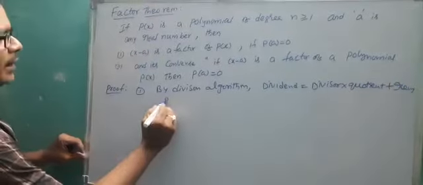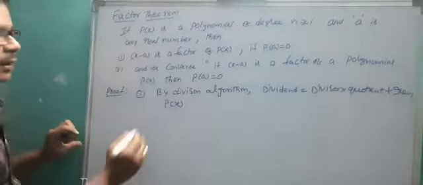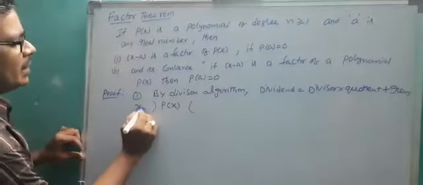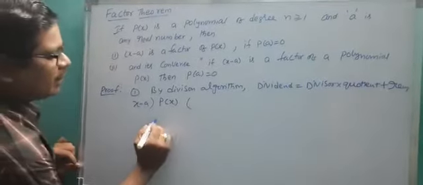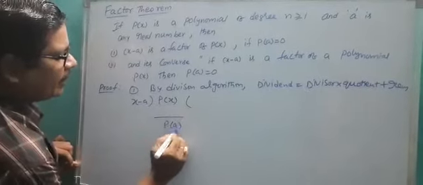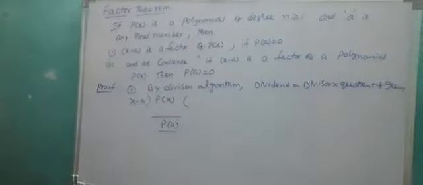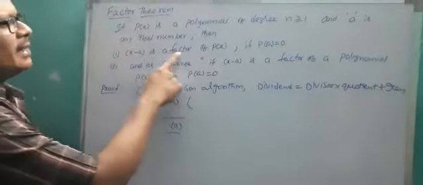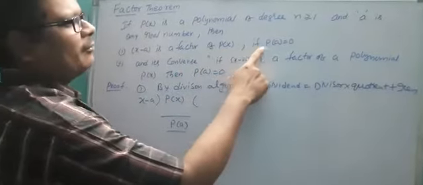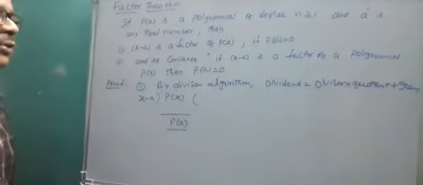So p of x is the polynomial. It is divisible by x minus a. Now the remainder is p of a. What is the first one? So x minus a is a factor of p of x if p of a equals 0.